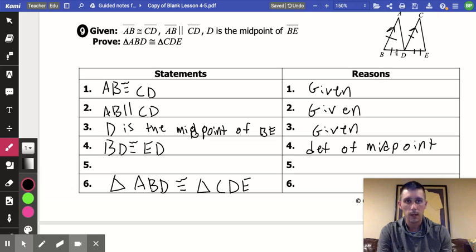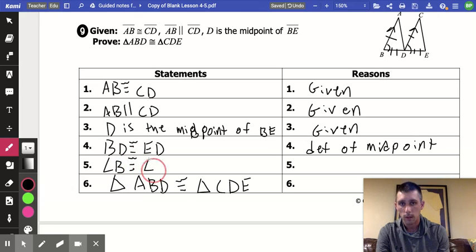All right. Now, we're missing number 5. We have a side and a side. What can we say about this angle, angle B and angle D? Since they are parallel lines, angle B is congruent to angle D by what way? What type of angles are they if they are on the same location of two different parallel lines?